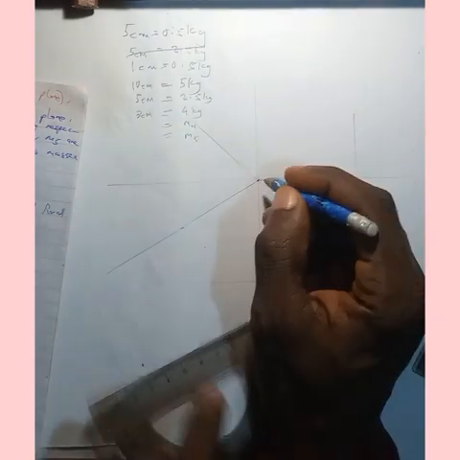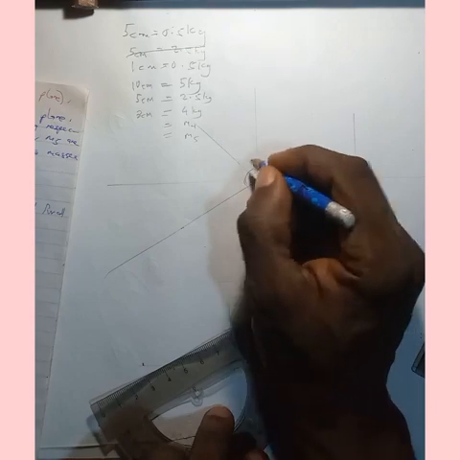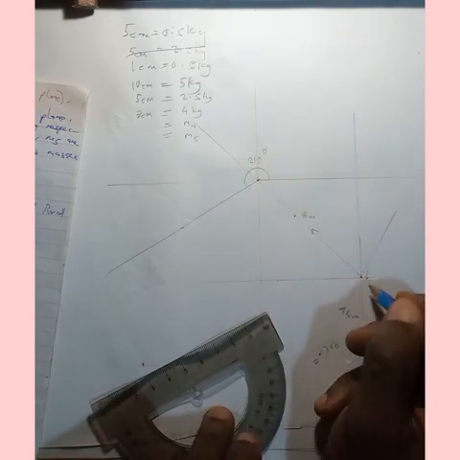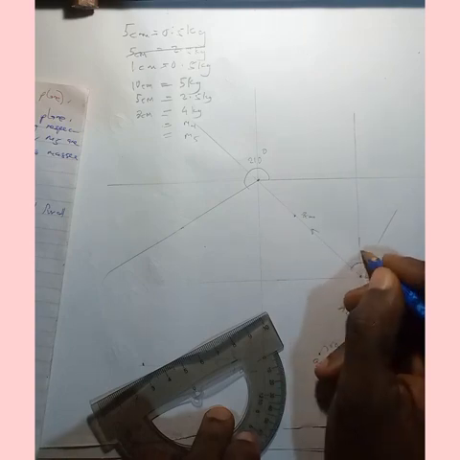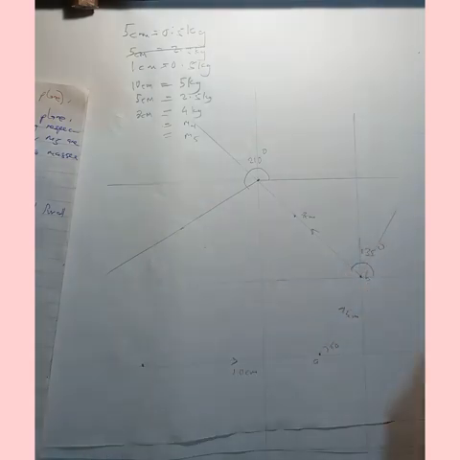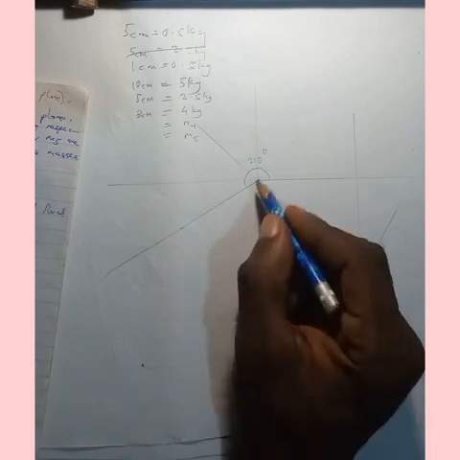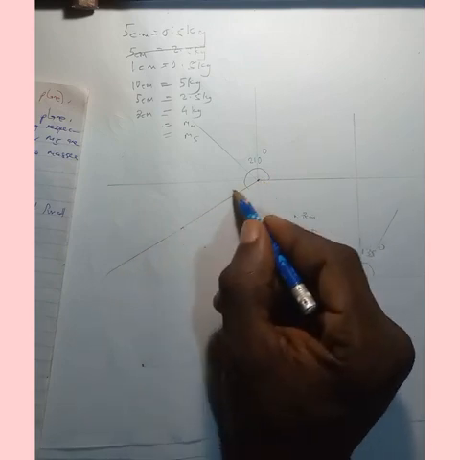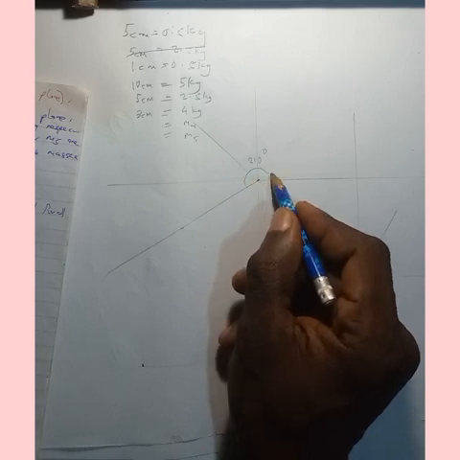So M4 is 210 degrees. Okay, so we can indicate this angle as well. This is 135 degree. This is 60 degree. So we do not know the magnitude of M4. That's what we are looking for, but we know the direction.